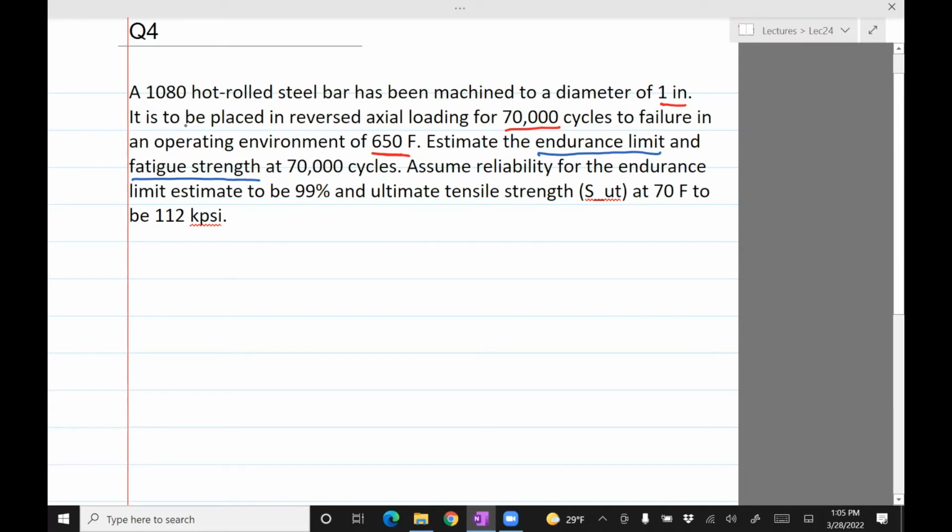Okay, so let's just try to distill whatever we've been given here, and that will inform the next step as to how to solve this problem. So we are given the number of cycles, so that is N. N is 70,000 cycles.